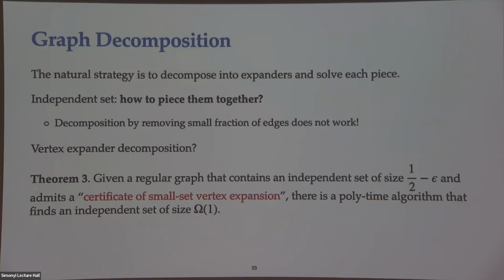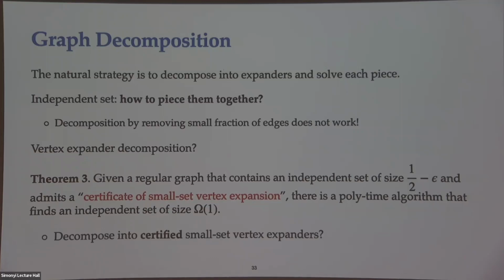In the previous two results, the edge expansion case, by Cheeger's inequality, the spectral gap immediately gives you a certificate that the graph is an edge expander. But for vertex expanders, we don't really have that strong a Cheeger's inequality. We have something slightly weaker, but that loses a log degree. So when the degree is somewhat large, then we don't get anything.